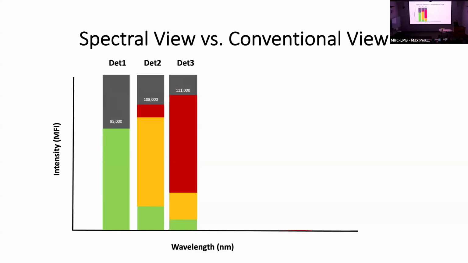What that translates to in real terms is the mean fluorescence intensity. So for example, here in the green channel, you have about 85,000 mean fluorescence intensity. And then in the orange or yellow channel, you're going to have a little bit of spill added over from the red, and then a bit of the spill from the green as well. So it would be a little bit higher. And then again in the red, you're going to get some contribution of the orange and the green.